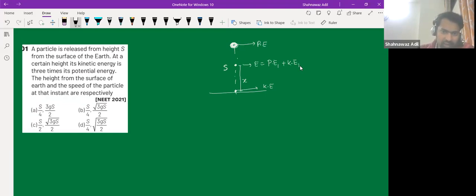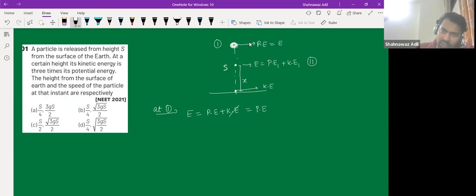Is this clear? So in here, the total energy is only the potential energy. Let's say this is one position, this is second position. So at 1, the total energy is what? Energy is PE plus KE, but this part is 0, so only PE.